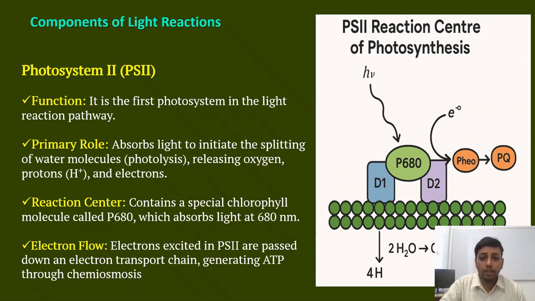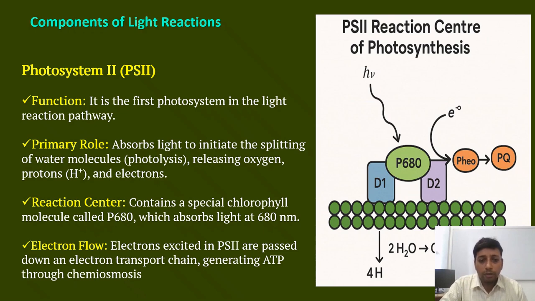The first component is PS2. The function of the first component, that is PS2, is to initiate the splitting of the water molecule, which is also called photolysis, releasing oxygen, protons and electrons.